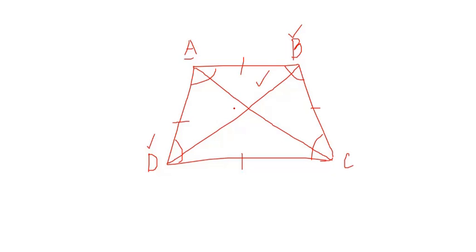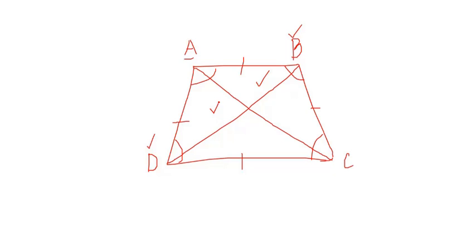Each part is a triangle, and we know that the sum of the 3 angles of a triangle is 180 degrees. Therefore a quadrilateral has 2 triangles, so it has 360 degrees. It is very easy to understand. This is the simple detail about the quadrilateral.